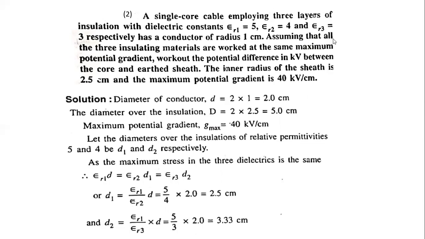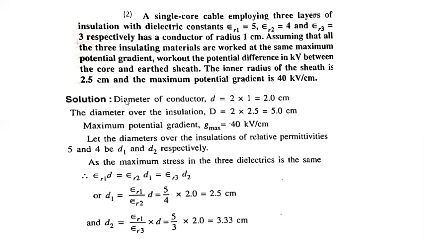Assuming that all the 3 insulating materials are working at the maximum potential gradients, work out the potential difference in kV between the core and the earth sheet. The inner radius of the sheath is 2.5 centimeters, and the maximum potential gradient is 40 kilovolts.